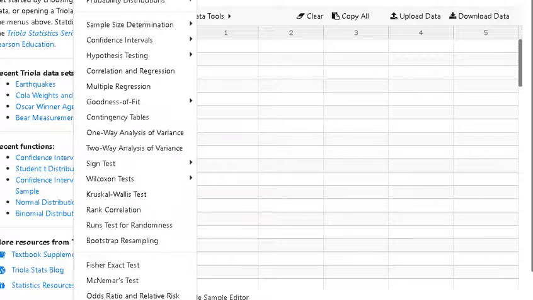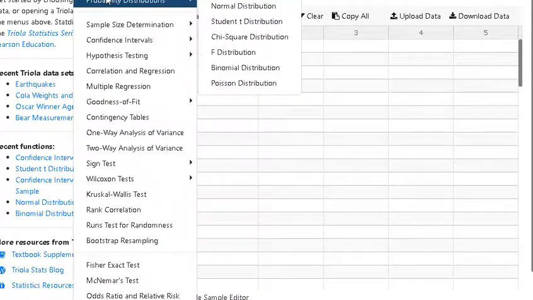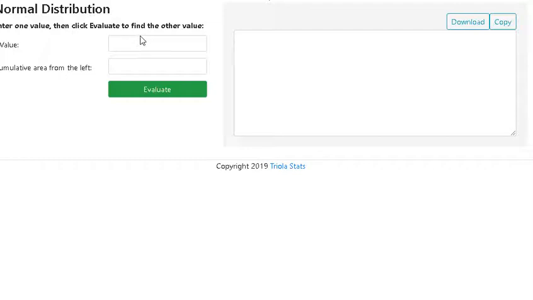You should see a menu item for analysis, and then right underneath that is an option for probability distributions. So choose that. When you click on probability distributions, one of the options given to you is the one that we want, which is the normal distribution. So I'll click that.